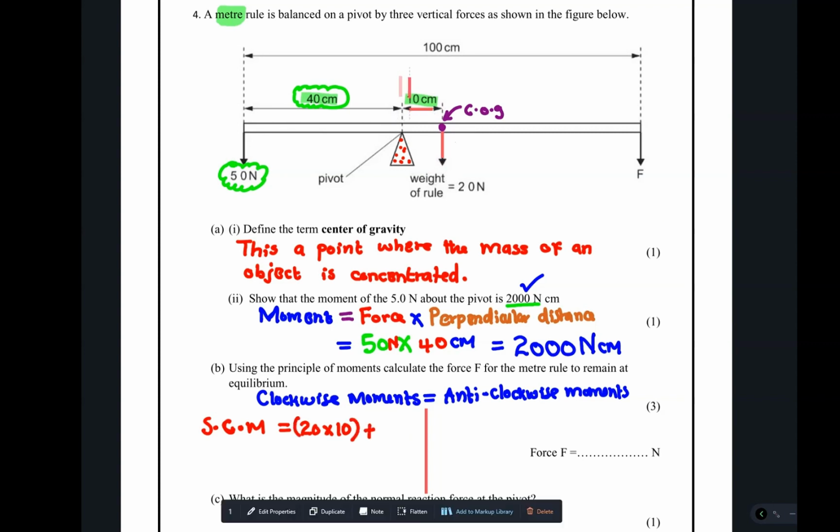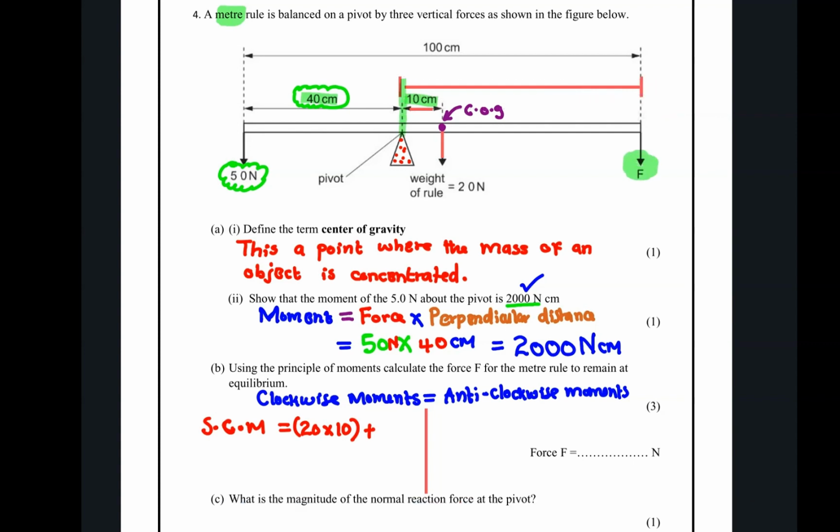And then now we have another moment from the pivot to where the force is. And remember, from the pivot to where F is, that is going to be 60 centimeter. You need to be keen on that. That is going to be 60 centimeter, because all the distances are measured from where the force is to where the pivot is. I'm repeating that because that's the area most of you make mistakes.